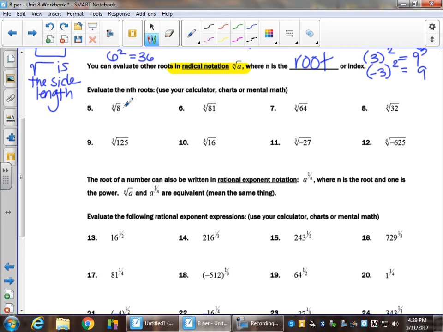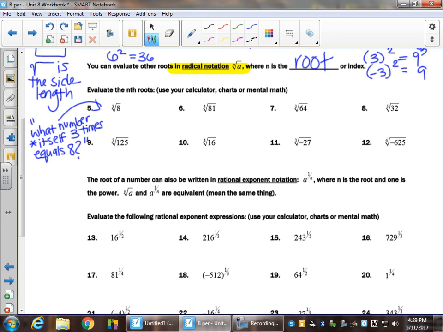So for number 5, when it says third root of 8, I would like you to write this note: what number times itself 3 times equals 8?